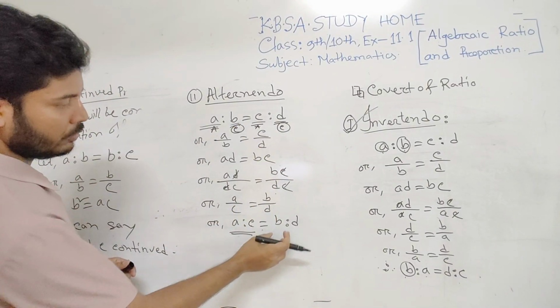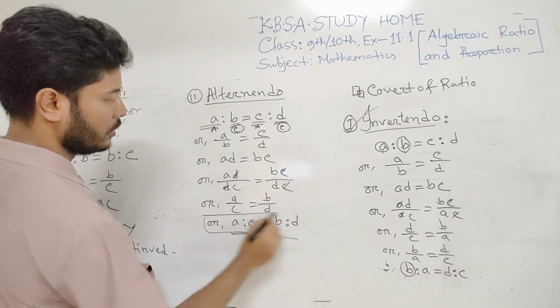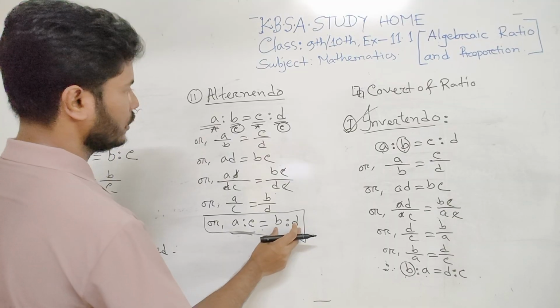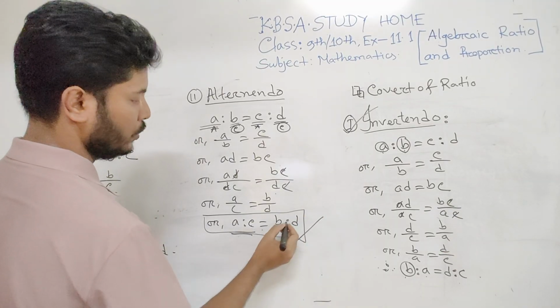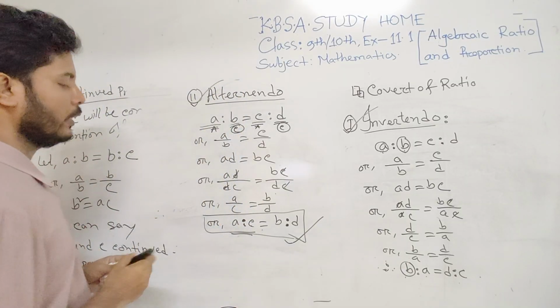You can see consequent and consequent in the same system. We write antecedent and antecedent, consequent and consequent using ratio. It's called alternando.